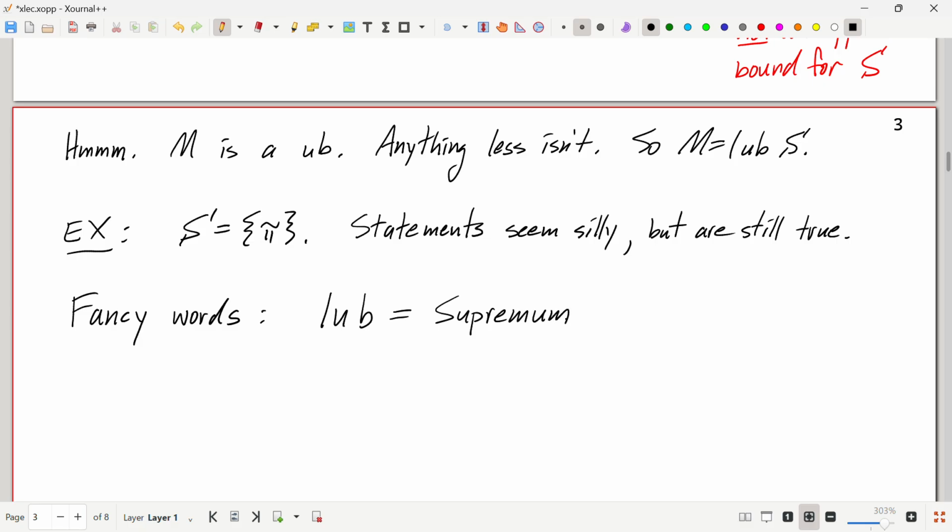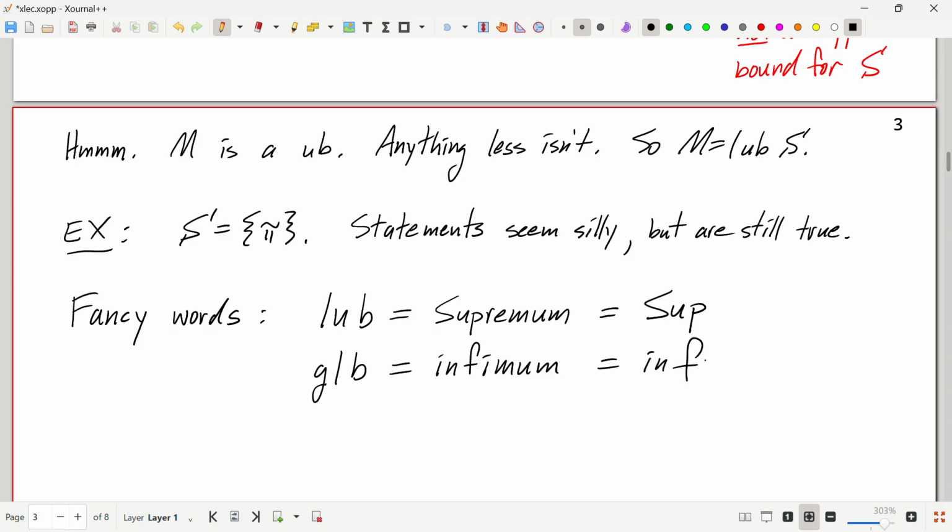It's Greek. The supremum, and we write sup, say sup. And the greatest lower bound is equal to the infimum. Infimum. And we write inf instead.